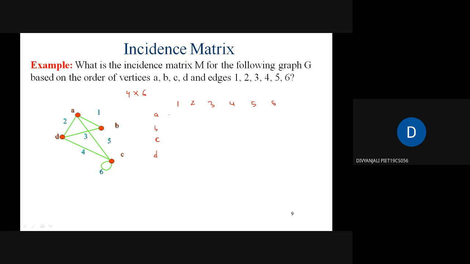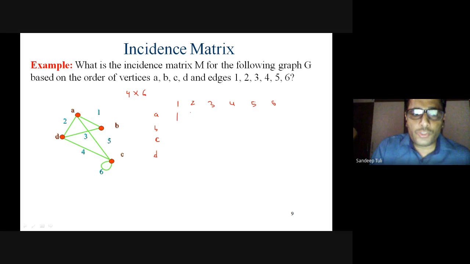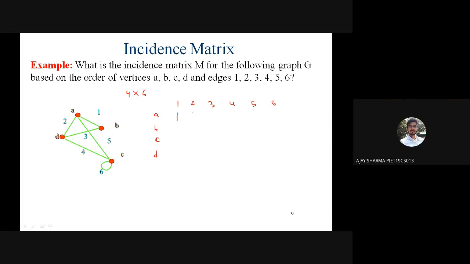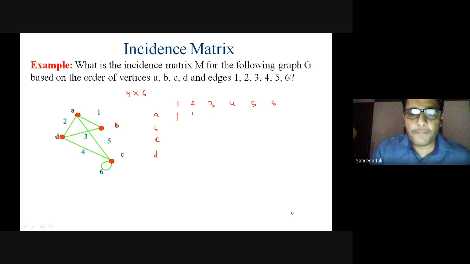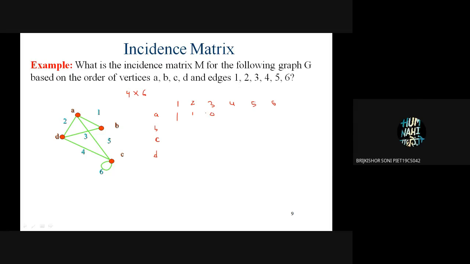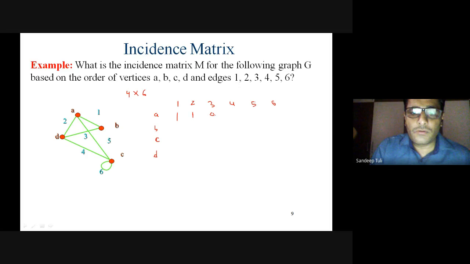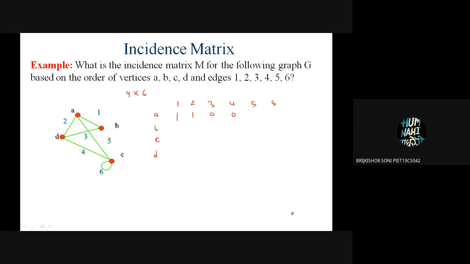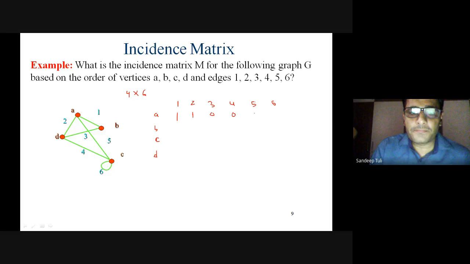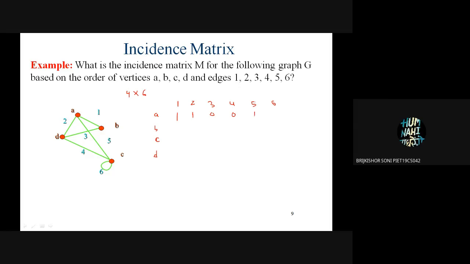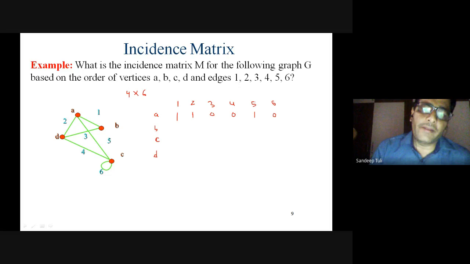Yes. So the value is 1. Is 2 incident on A? Yes. 3? No, it will be 0. 4? No. 5 and 6? 5, yes. 6, no. In this way, we will create a matrix.